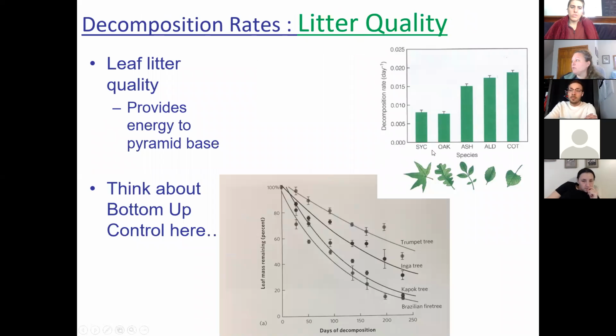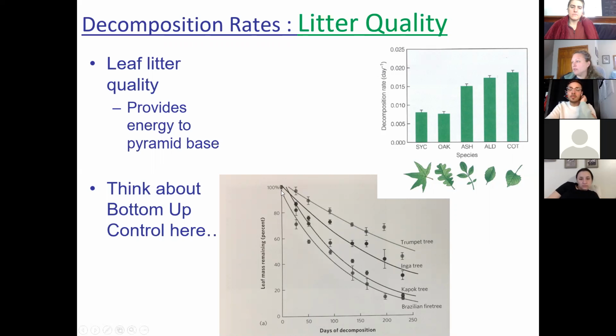And again, just reinforcing it, decomposition rate is low in sycamore and oak. It's much more than that in, remember we saw cottonwoods and aspen trees when we were out doing our tree surveys. Those have way higher rates of decomposition. And this here is in the tropics. We're looking at how long it takes, days of decomposition, the amount of leaf mass remaining.